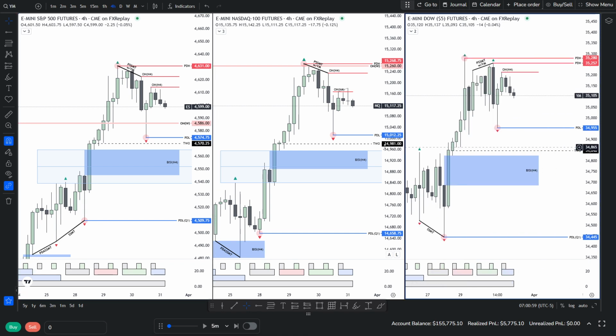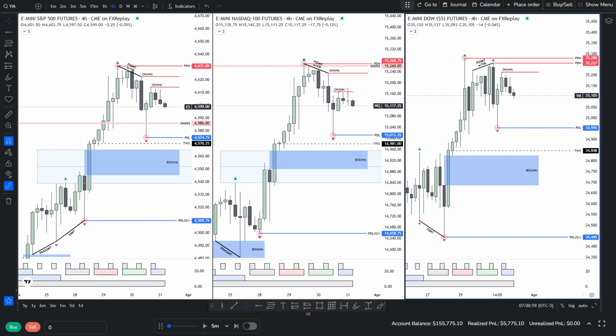Now, important to note that this key price level has formed above the true week open, therefore lowering, I want to say lowering the probability of trade, but it doesn't necessarily mean that.